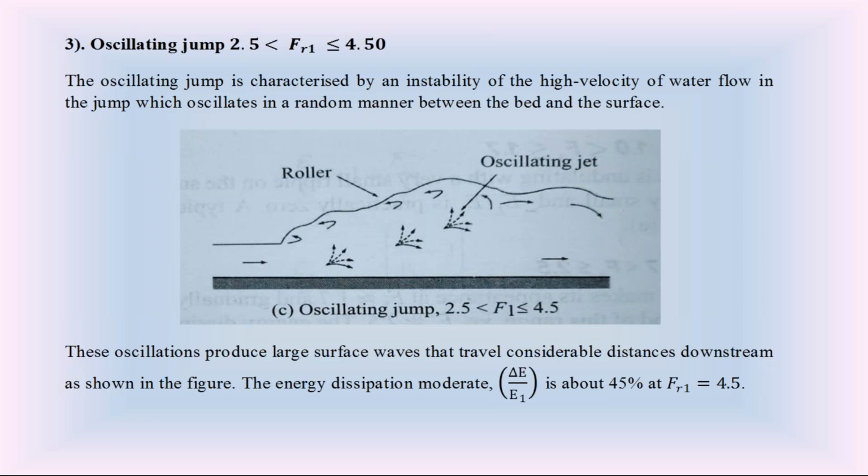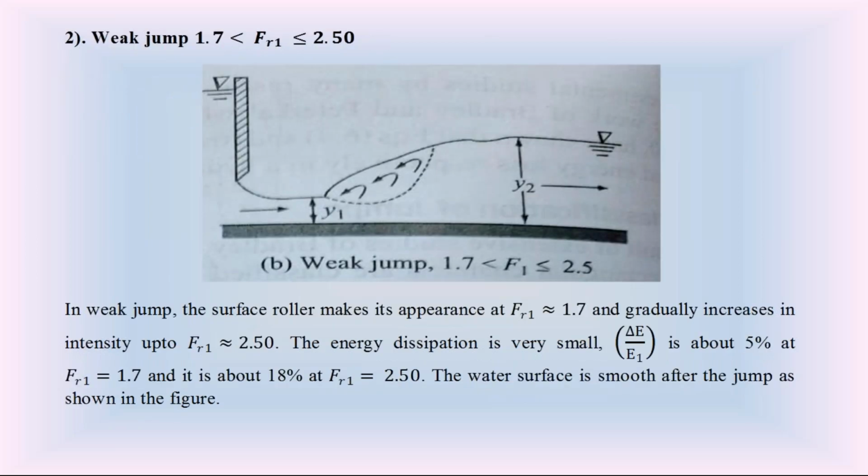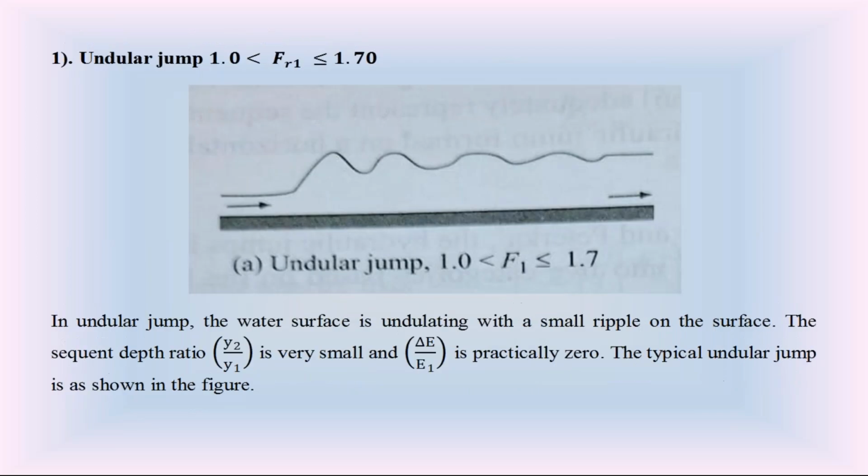This hydraulic jump has rotations, whereas in the first two hydraulic jumps we don't have rotations of water flow. If you look at the diagrams of the angular and weak hydraulic jumps, only a small portion is there in the jump, and there are no rotations.